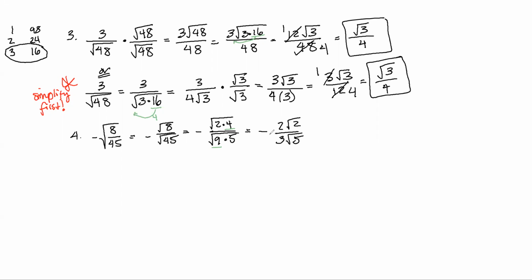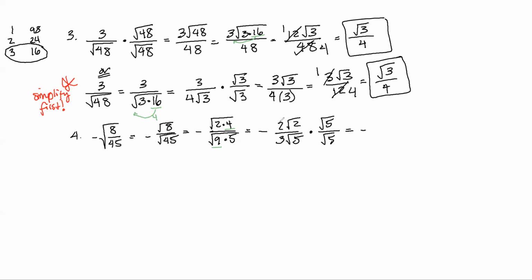Now, there's nothing to simplify down right now, but we can go ahead and now rationalize by the square root of 5. So we can multiply by a smaller number than that 45 we would have had to multiply by in the beginning. Again, keep the negative in the front because we're still multiplying by a positive number.